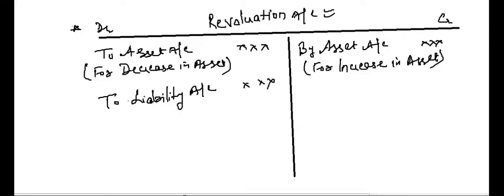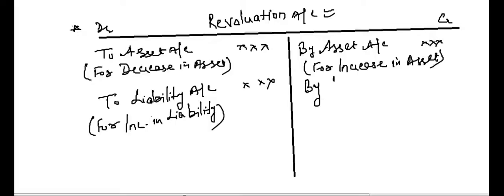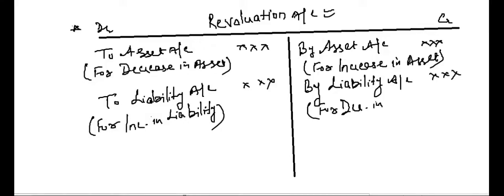If it is sundry creditors, we will write here to sundry creditors for increase in liability. Now if there is a decrease in the liability, then we will say by liability account for decrease in liability.